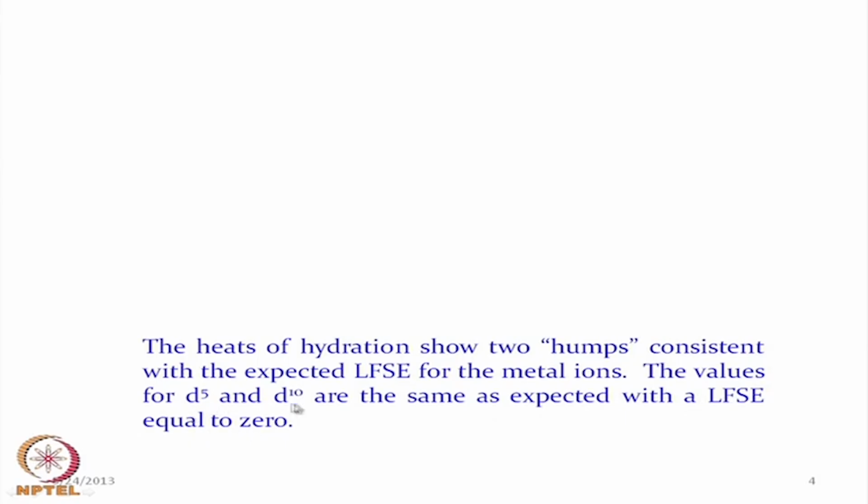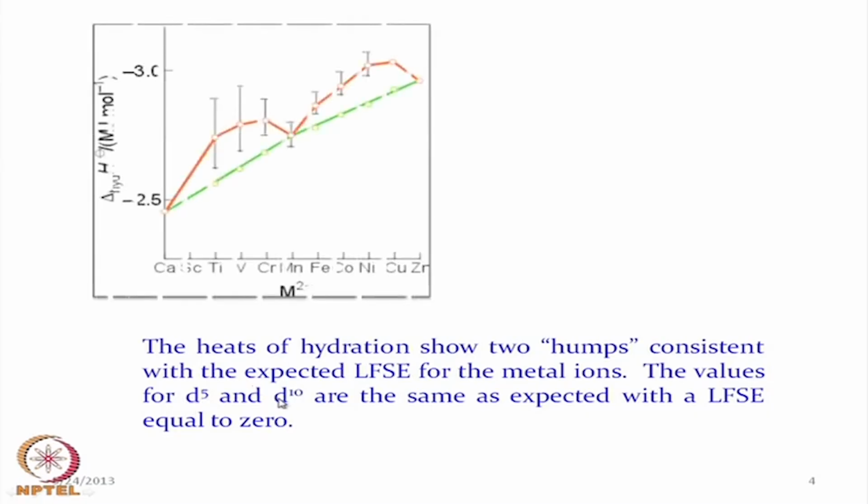That means, like our lattice energy, they again form a straight line, and linearity is preserved with respect to d0, d5 and d10. So again we can directly write down the double humped curve, which is very similar to that of our lattice energy, but the energy axis is different.